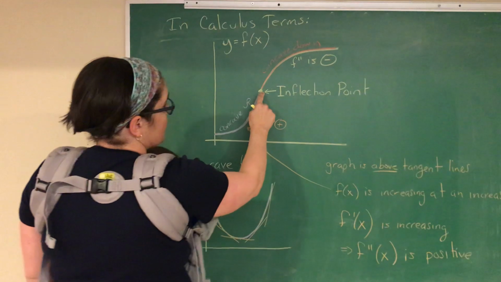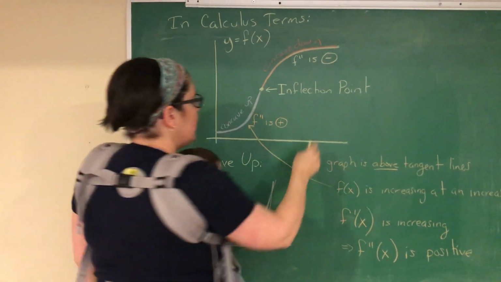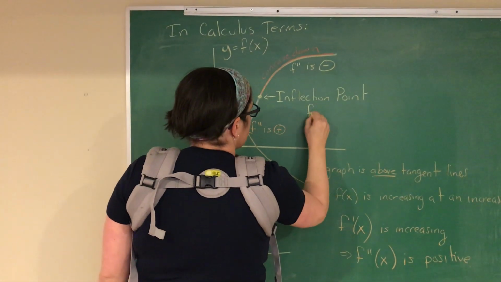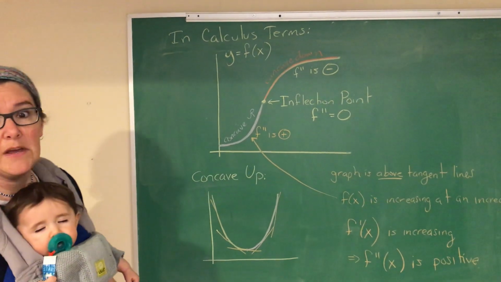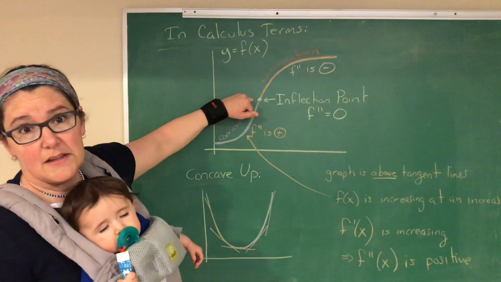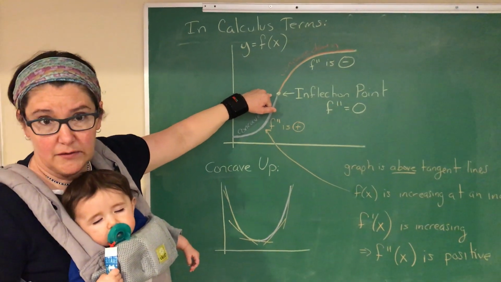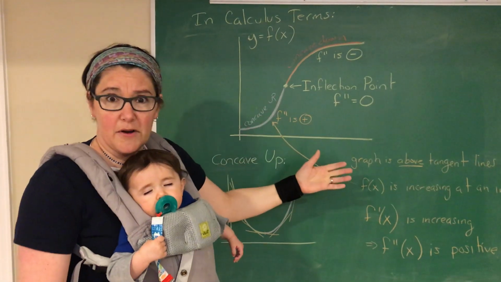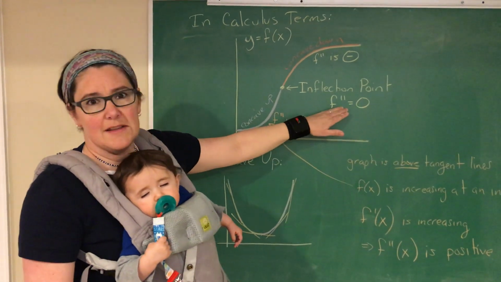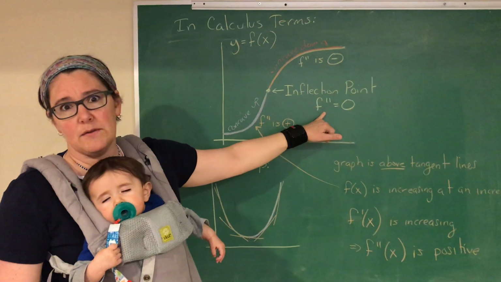So at this inflection point, this steepest point that we have here, the second derivative is equal to 0. And so we're going to be interested in finding these points of diminishing returns. The way that we're going to do that is by looking at our function and figuring out the x value where the second derivative is equal to 0.